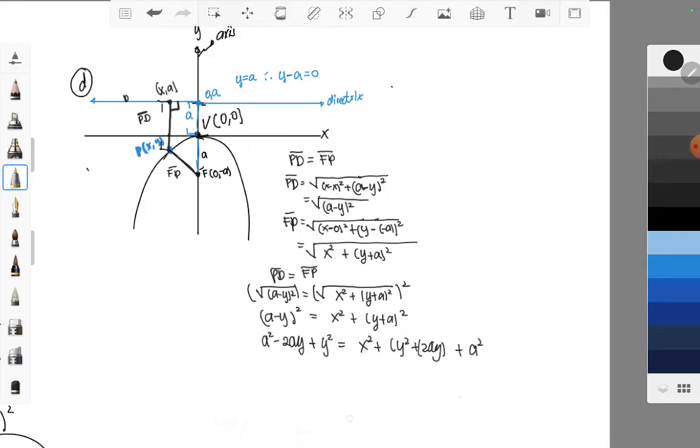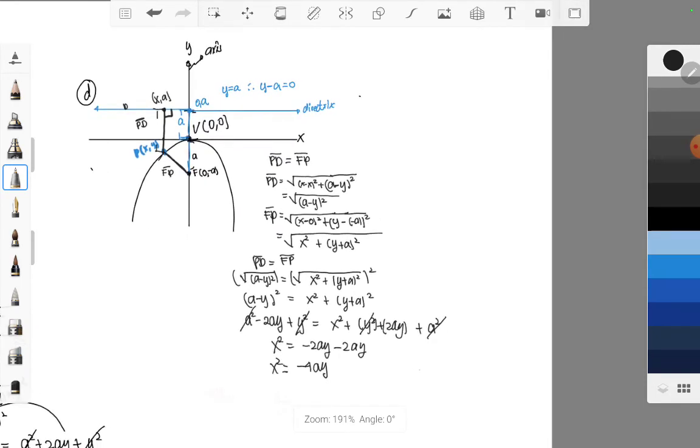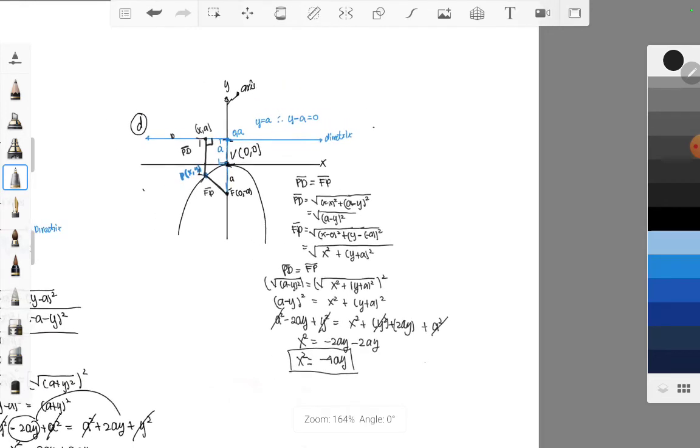You would notice that a square minus a square is 0, and y square minus y square is 0. So I would transpose, and x square will be equal to negative 2ay minus 2ay. So our x square will be equal to negative 4ay. This will be the equation for our parabola that is opening downward.